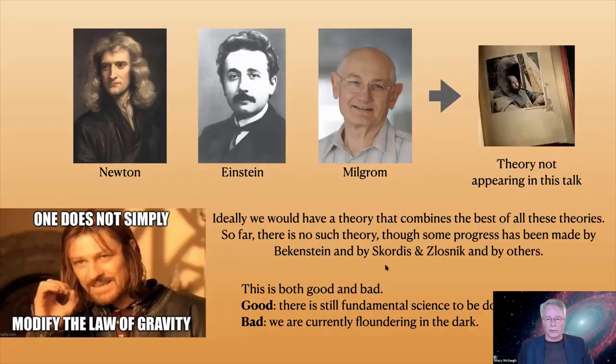Bekenstein made some progress, and there is some important recent work by Skordis and Zlosnik, and others have worked on this. We're not there yet. That's good. There is still fundamental science to be done. If somebody says, oh, we've discovered everything there is to discover, that's wrong. There are fundamental problems that are still open. The bad thing is we're still sort of floundering around in the dark.